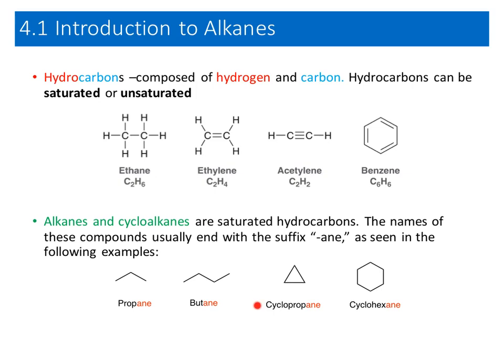And for the cyclic ones, cycloalkanes, such as cyclopropane and cyclohexane. As you may notice, based on the different number of carbons, they get different prefixes. For example, for 3 carbon, we have the prefix prop, and for 4 carbon, we use the prefix but. So how do we determine what prefix to use here?